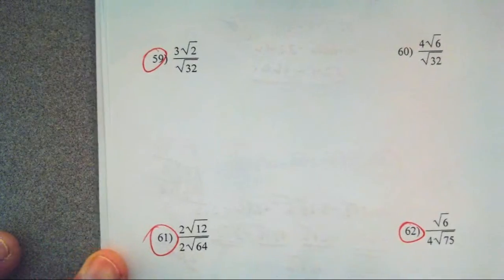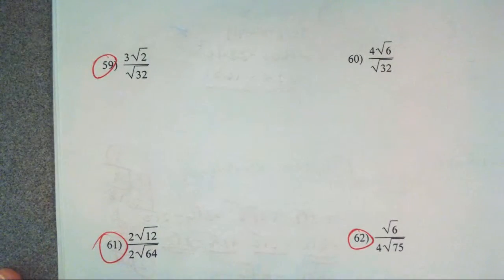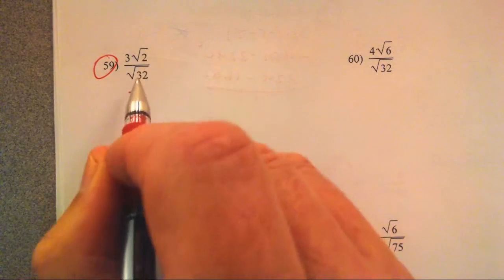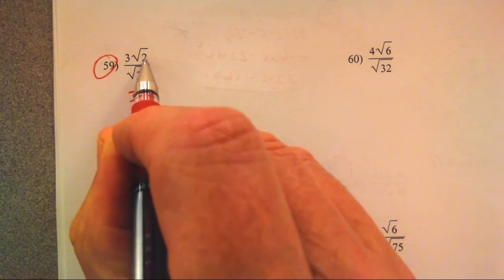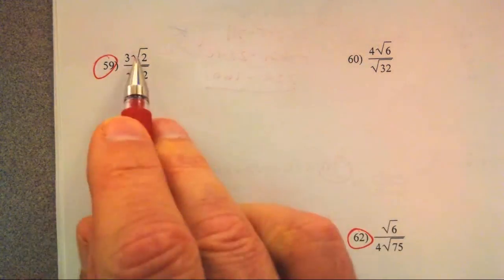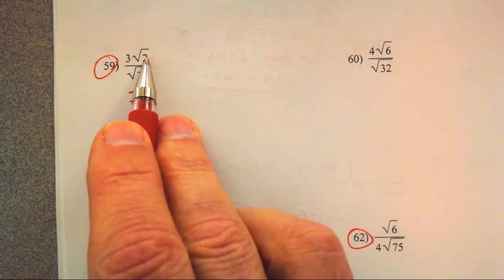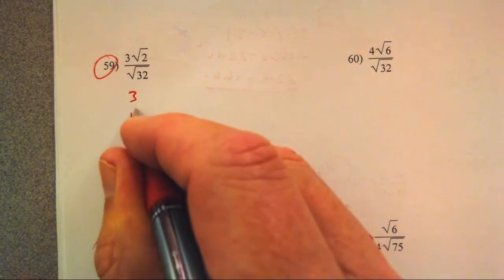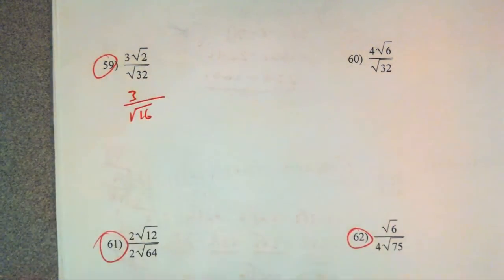All right. 59. Reduce first. Reduce as fractions. This 3 is stuck, but square root of 2 on square root of 32 reduces to 1 on 32. So you could do 1 on 16. You could reduce this to square root of 1 on square root of 16, but the square root of 1 is 1. Okay?